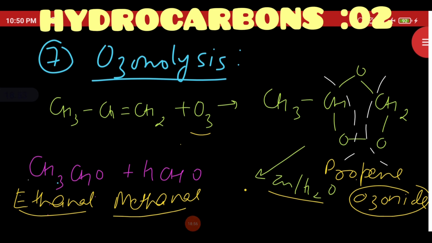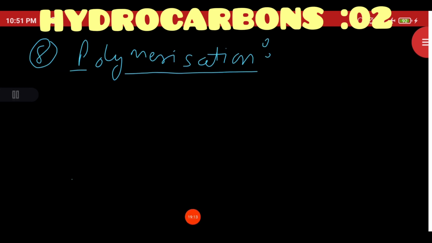Here on breaking, ethanal is formed, and here HCHO, methanal, is formed. This reaction is highly useful in detecting the position of double bonds in alkenes or other unsaturated compounds.